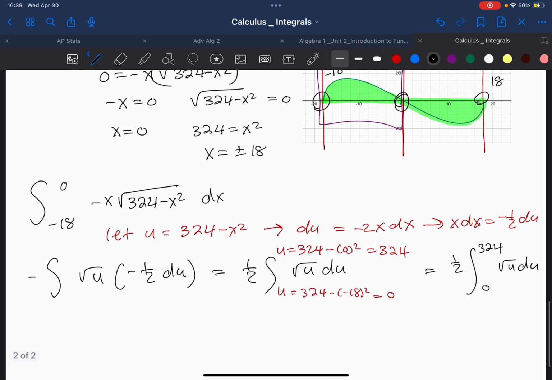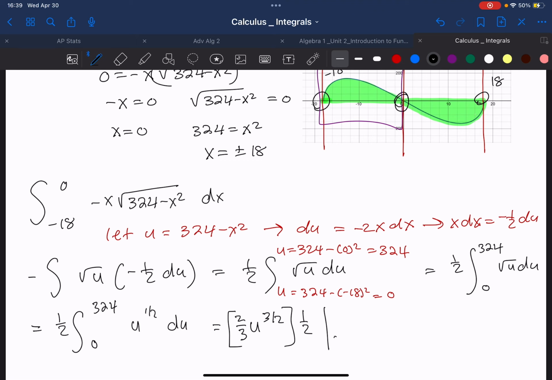Well, I could rewrite this as 1/2 integral of 0 to 324 u to the 1/2 power du, which means when I integrate this, if I add 1 to the exponent, this is u to the 3/2 power divided by 3/2, which is the same as saying multiplying by 2/3. And then I want to multiply this whole thing by 1/2 because I still had that outside of my integral. Okay.